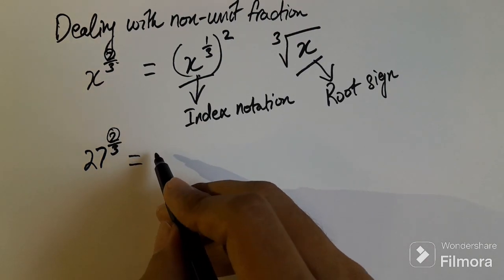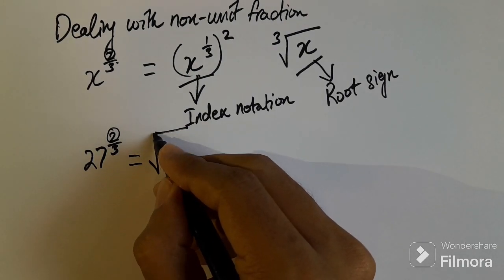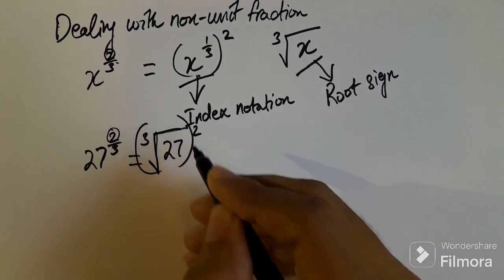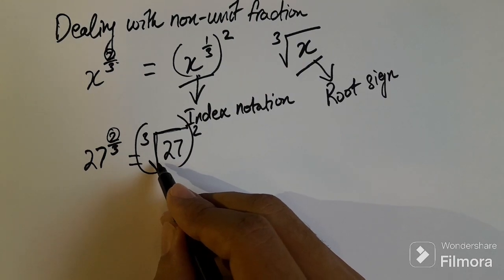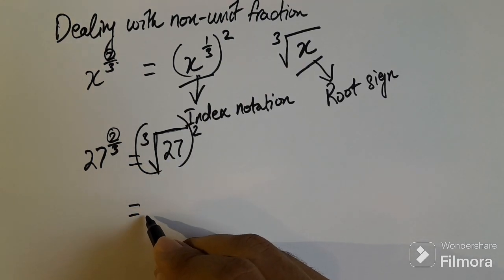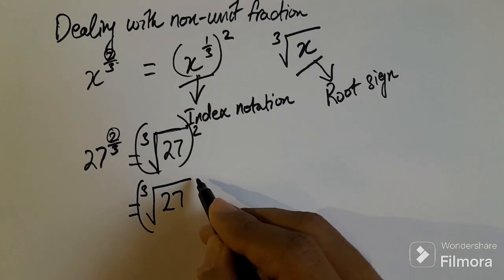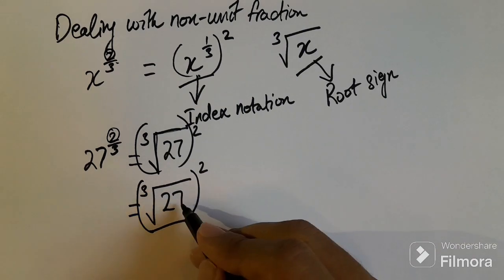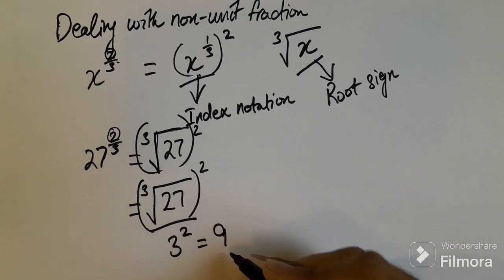So what will happen here is the cube root of 27, squared. We have cramped a lot over here, so right now I will write it again: cube root of 27, squared. First we will do this: the cube root of 27 is 3, then 3 squared, which will be 9. So the answer will be 9.